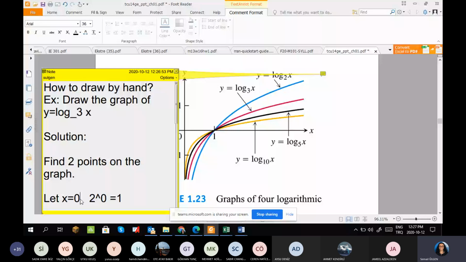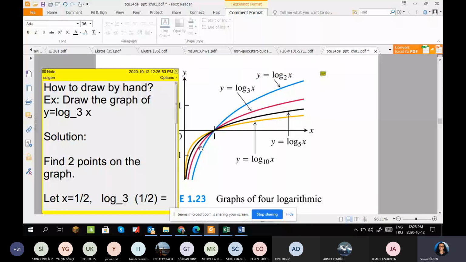So you can choose, for example, x equal to 1 over 2. And what is this then? Let's copy this down. Logarithm base 3 of 1 over 2. For this one you need to find a calculator. This is approximately negative 0.5, something like that.